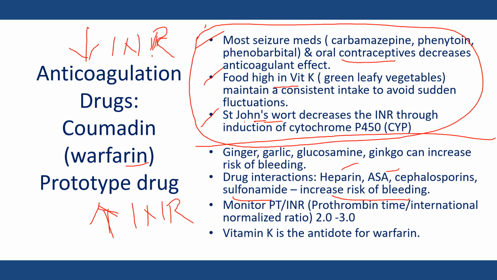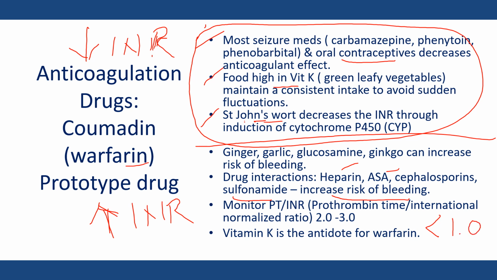So what is INR? Well, PT-INR, prothrombin time, or INR, is international normalized ratio, a way of measuring the therapeutic effect of a medication. So generally speaking, a healthy individual should have INR less than 1.0, let's say.